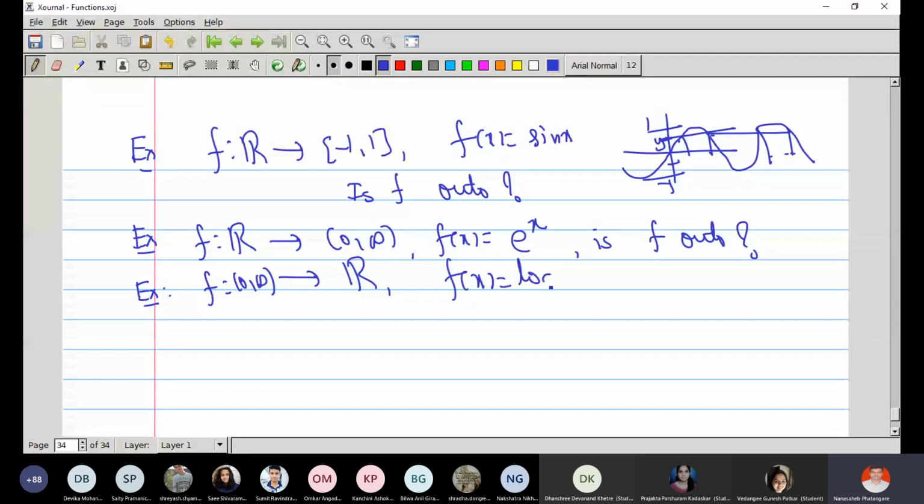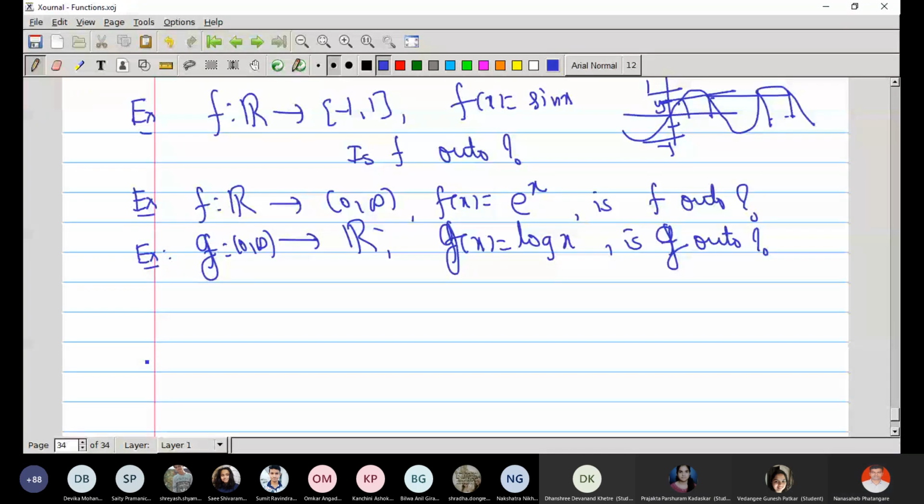Now f of x is equal to e raised to x. Is it onto? What is the graph of e raised to x? Just see the graph. Try to sketch the graph of such functions.